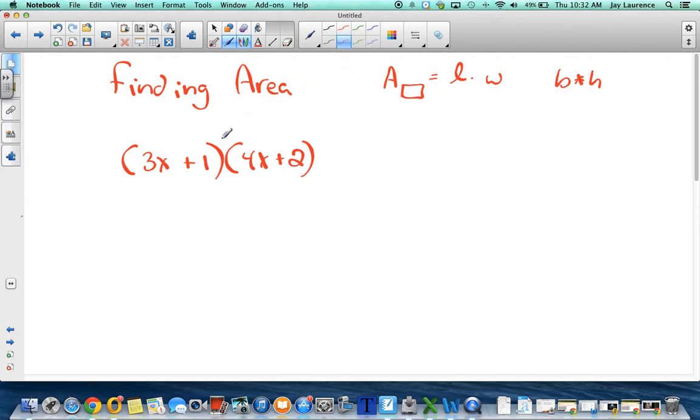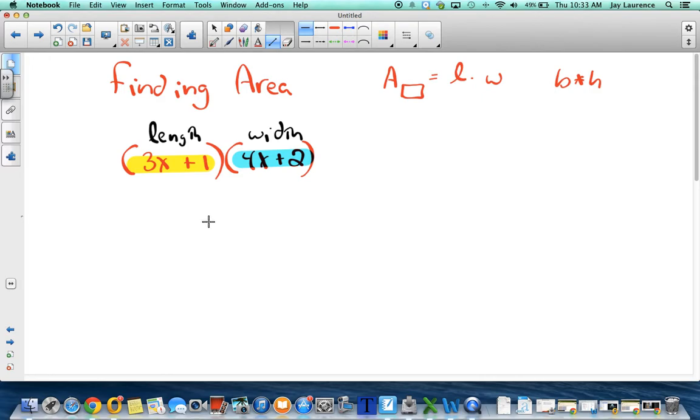But if I have to multiply these two numbers together, the number in this quantity, and I'm going to highlight it, and the number in that quantity, the 4x plus 2, well, then I can think about this as the length, and this is the width. And this becomes a real easy problem when I do that.